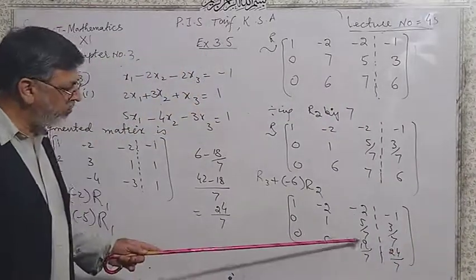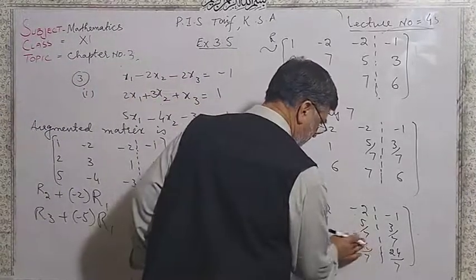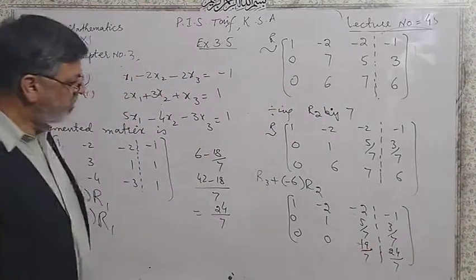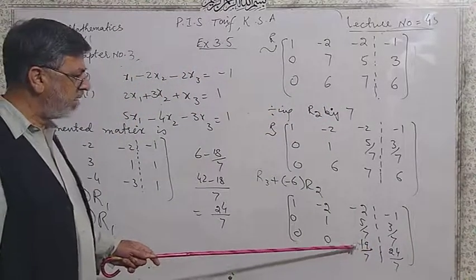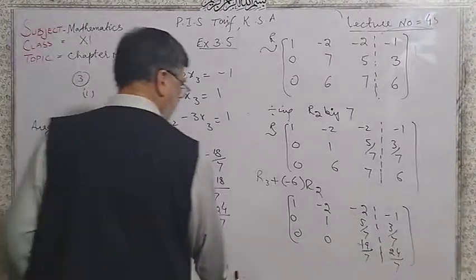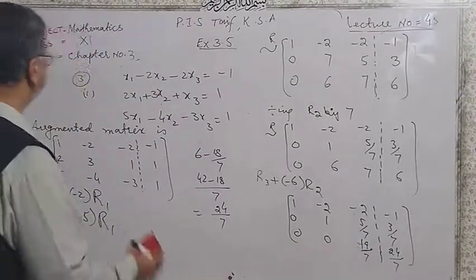Here you have to make 1. That was 19 over 7. Here you will multiply throughout by 7 over 19. Multiply this number by 7 over 19 to make 1 here.